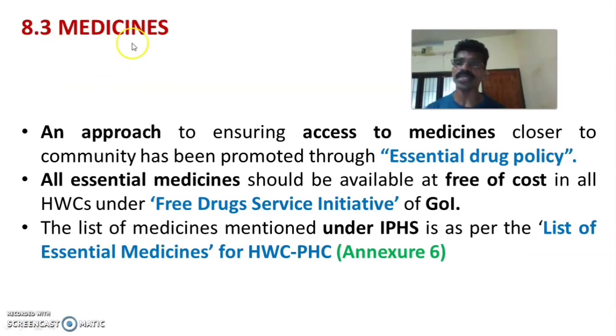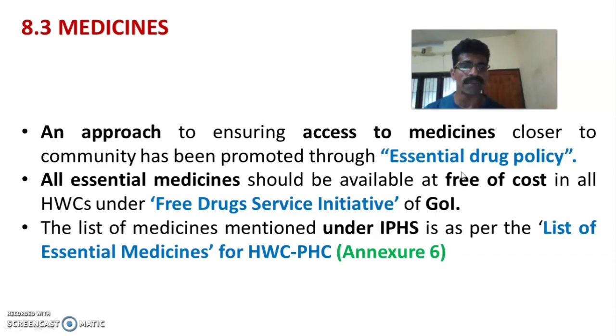Then 8.3 regarding medicines. So this is an approach to ensuring access to medicine to the public, as close to the community as possible. This has been promoted through the essential drug policy. So Government of India has an essential drug policy.